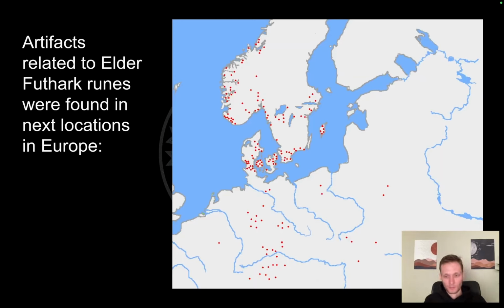Here is the map of some of the well-known runic artifacts and where they were discovered. A lot of them, even here in the southeast, closest to Ukraine and Poland, spread all over Europe, but mainly located in the Netherlands, Denmark, and the Scandinavian countries.